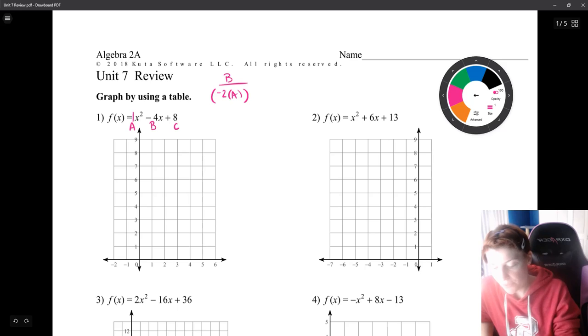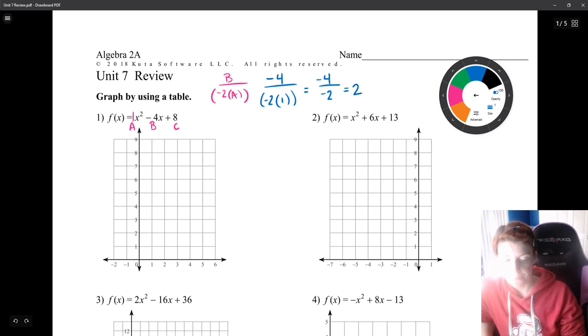So I'm going to plug in b, which is negative 4, over negative 2 times a, which is positive 1. Negative 4 stays on top. Negative 2 times 1 is negative 2. And negative 4 divided by negative 2 is a positive 2.